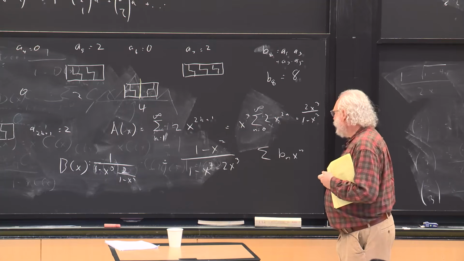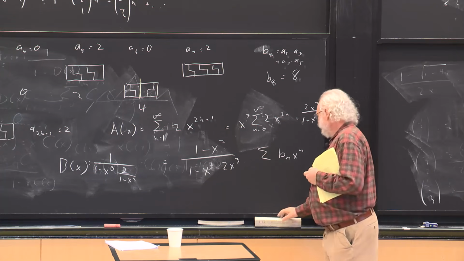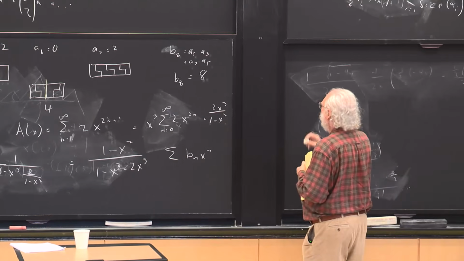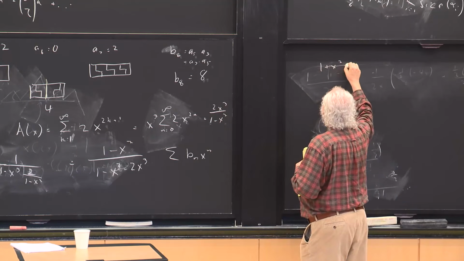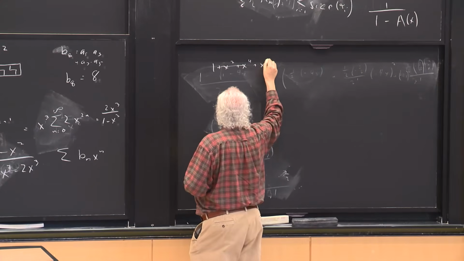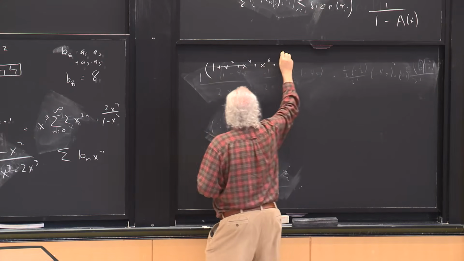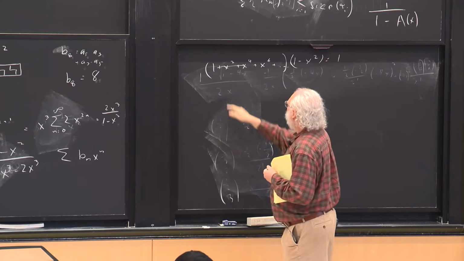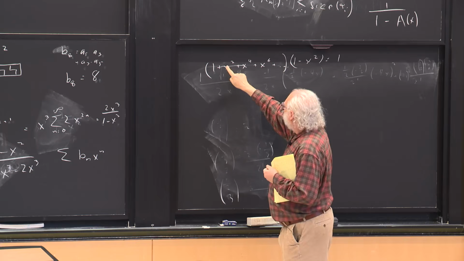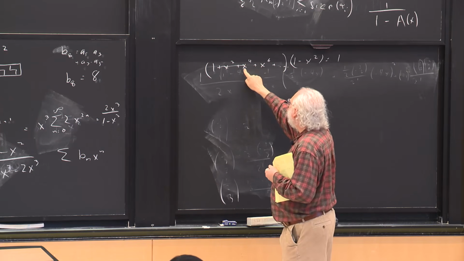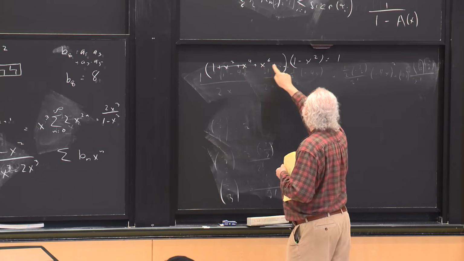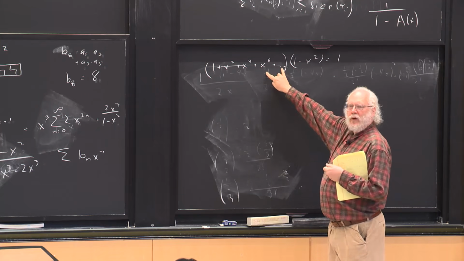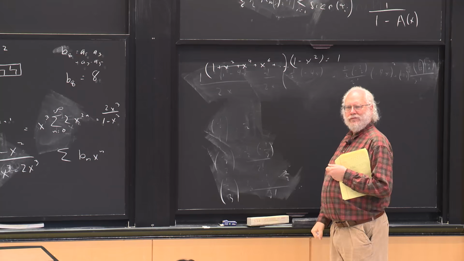And actually, that was very easy to see. Because 1 plus x squared plus x fourth plus x sixth plus dot dot dot times 1 minus x squared is equal to 1. We have a minus x squared plus x squared, a minus x to the fourth plus x to the fourth, a minus x to the sixth plus x to the sixth. So all the other terms cancel out. So this is the formula for a geometric series.